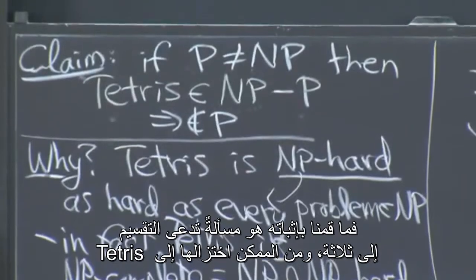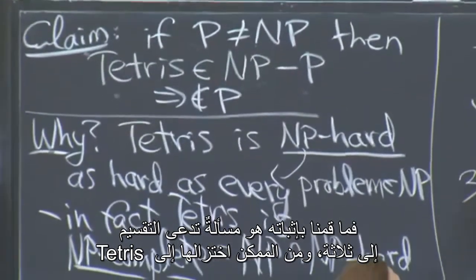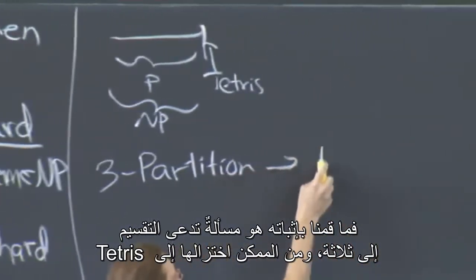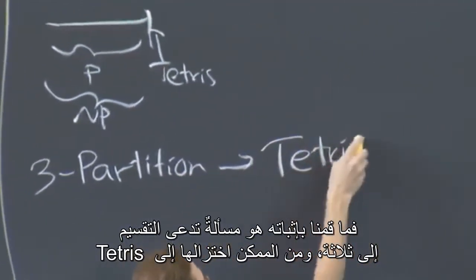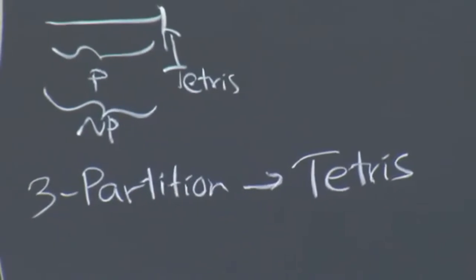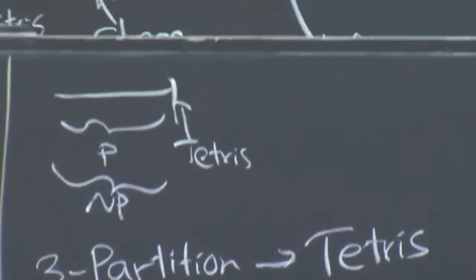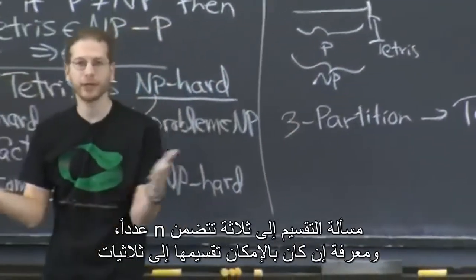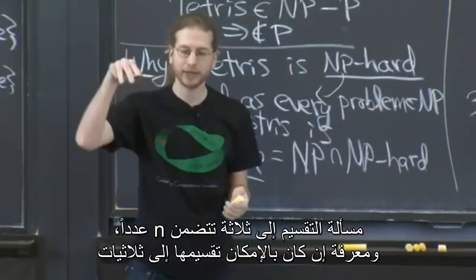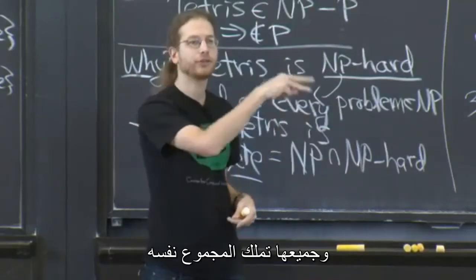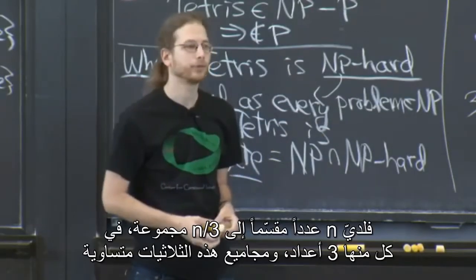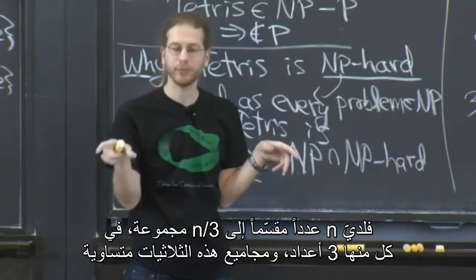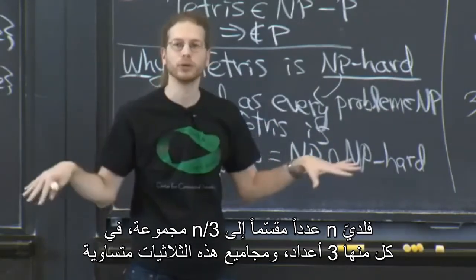So what we proved is that a problem called 3 partition can be reduced to Tetris. Now, what's 3 partition? I give you n numbers. I want to know, can I divide them into triples, each of the same sum? So I have n numbers, divide them into n over 3 groups of 3, such that the sum of each of the triples is equal.